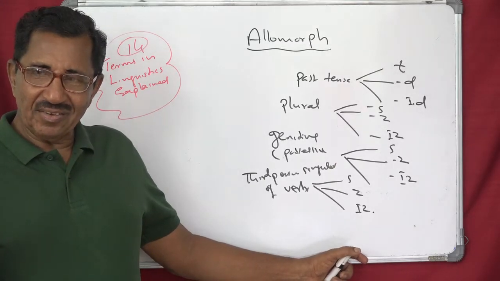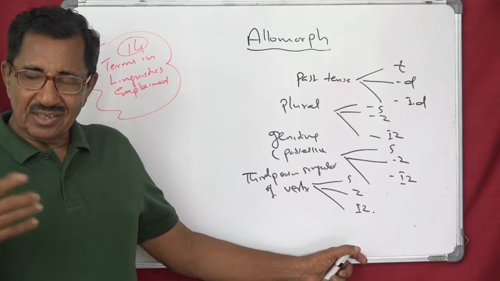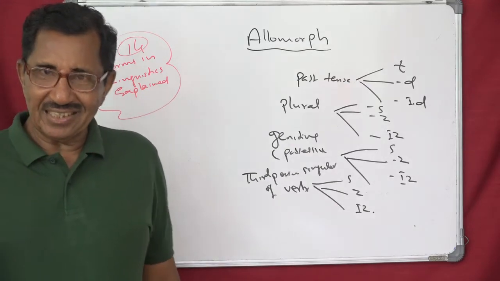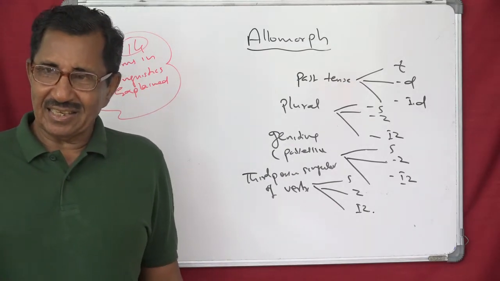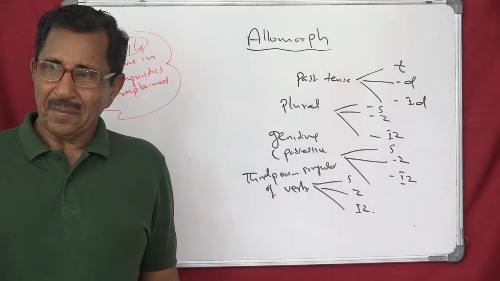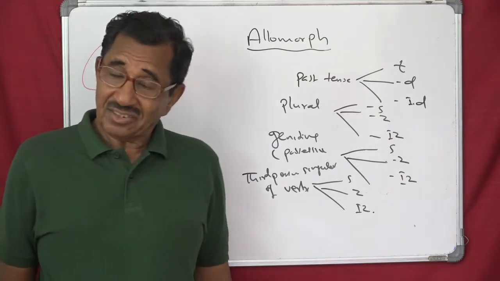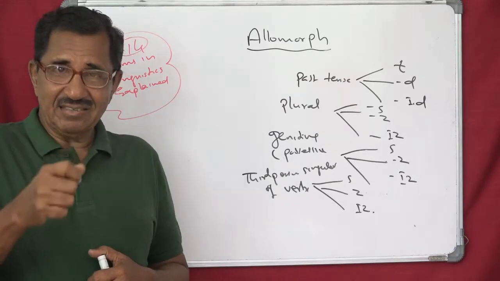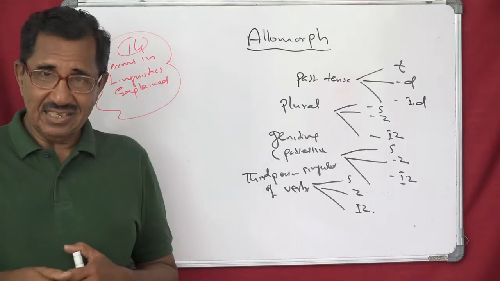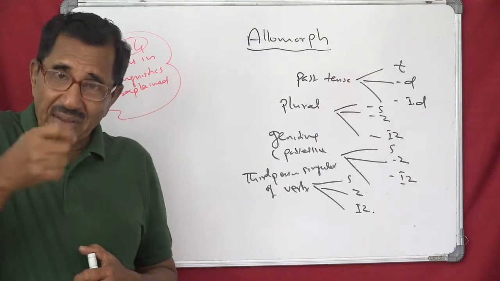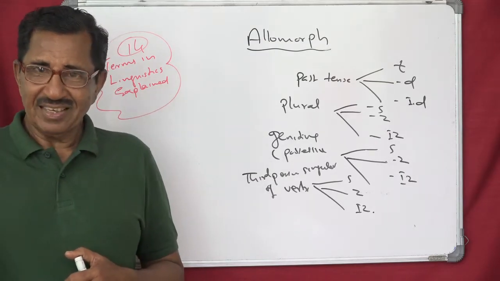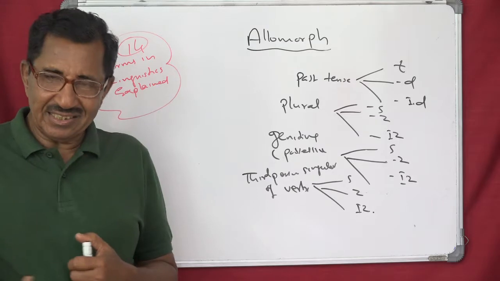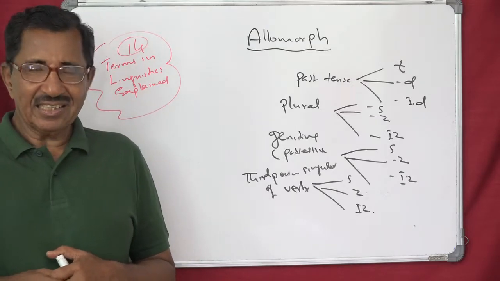Another verb we can give as example is matches. This color matches with that color. This blood group matches, we say. Listen, catches, matches, etc.